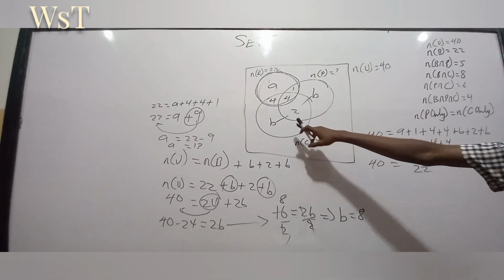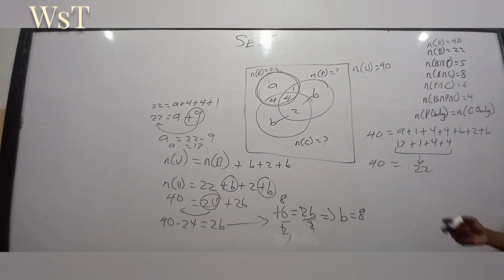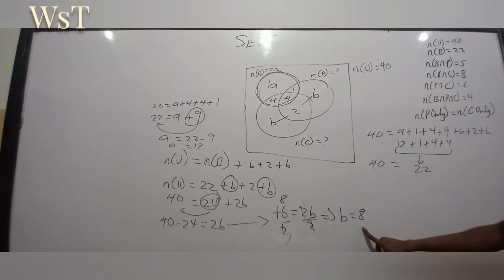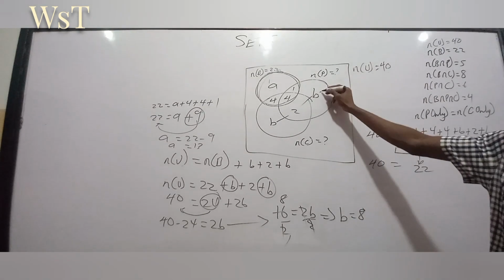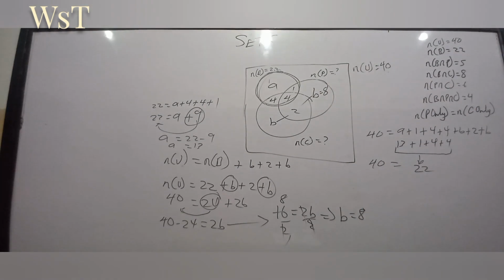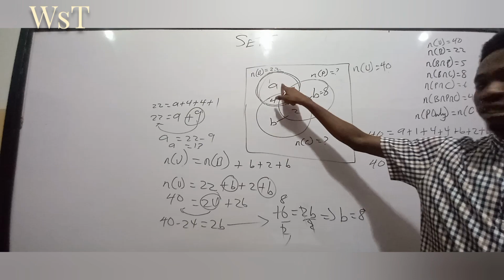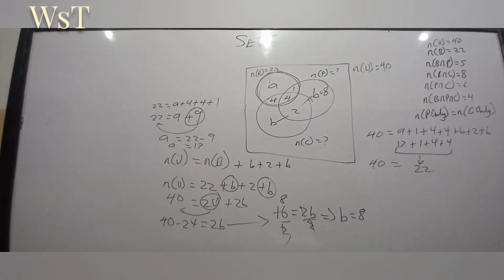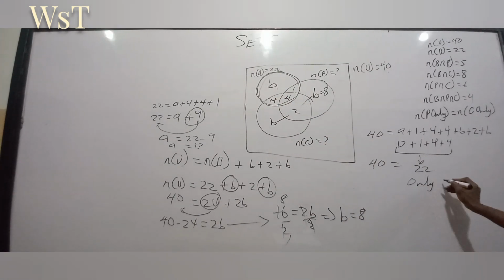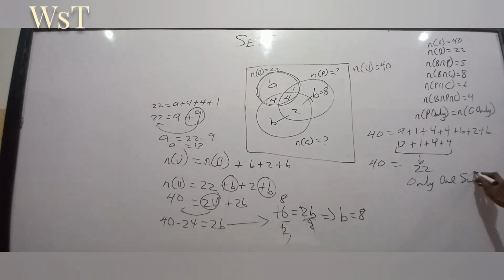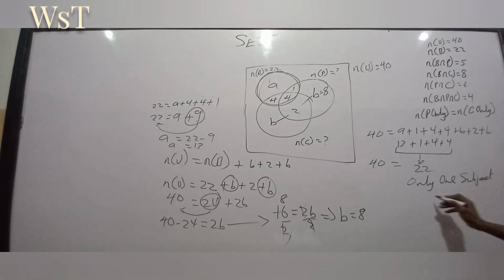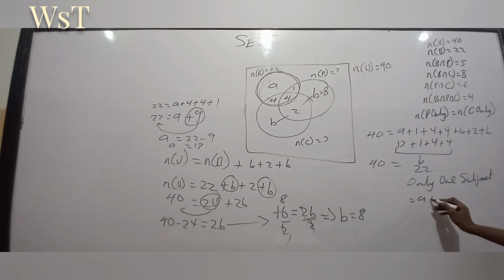So that's for the b, only physics. The question says, A, find only physics. So now we know our only physics to be 8, right? Because that's the b, 8. And he's saying find only one subject. Only one subject is this plus this plus this. Only one subject is equal to A plus b plus b, right?